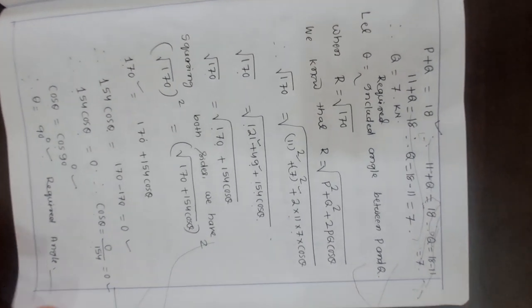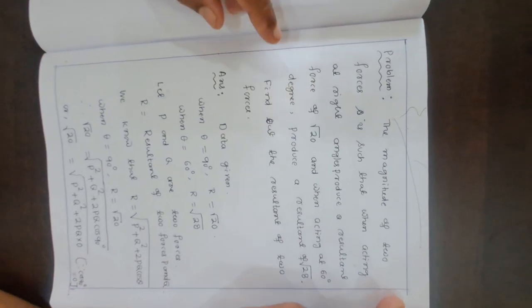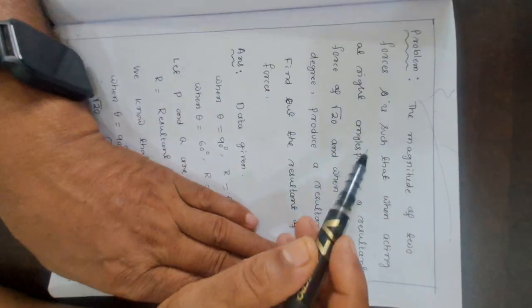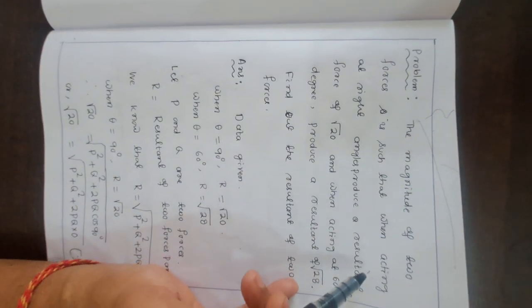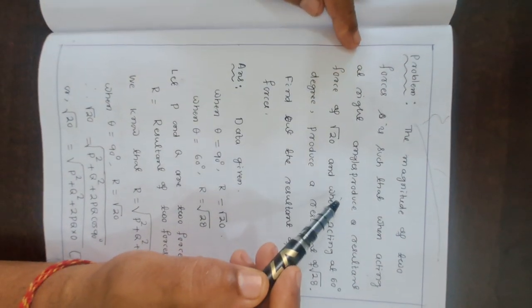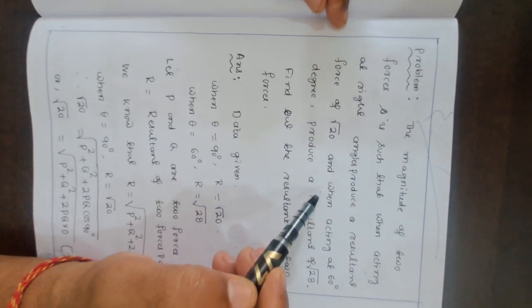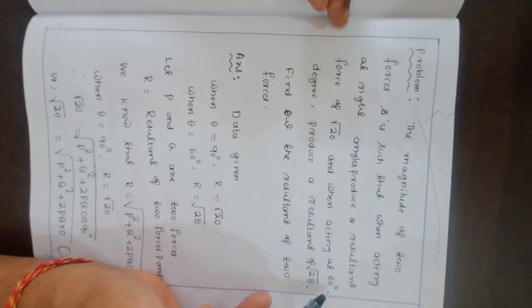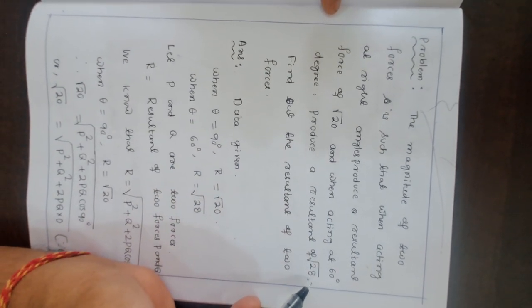Now, I will solve another problem. The third question is: the magnitude of two forces is such that when acting at right angles they produce a resultant of root over 20, and when acting at 60 degree they produce a resultant of root over 28.